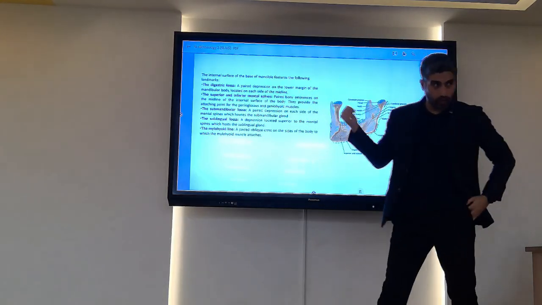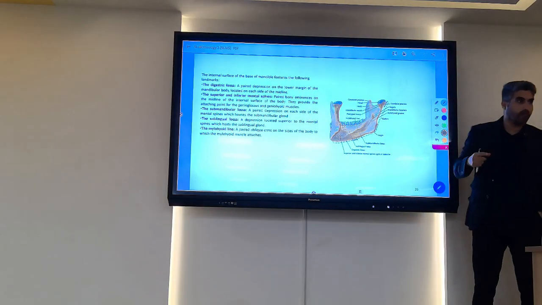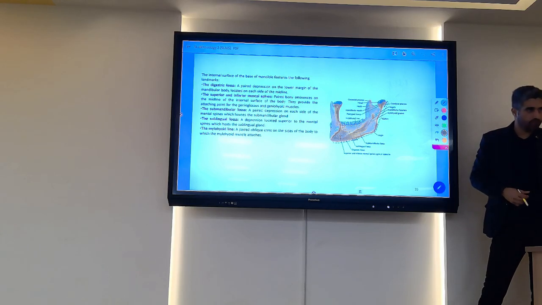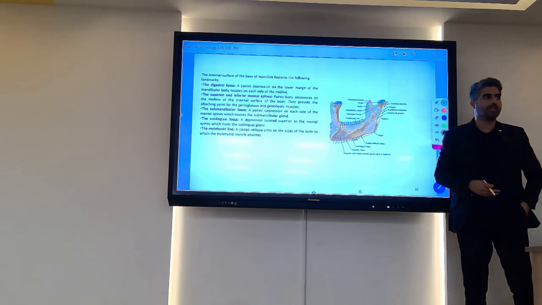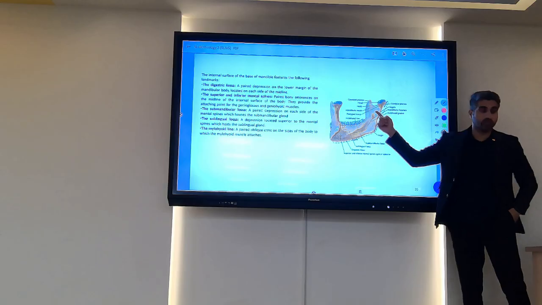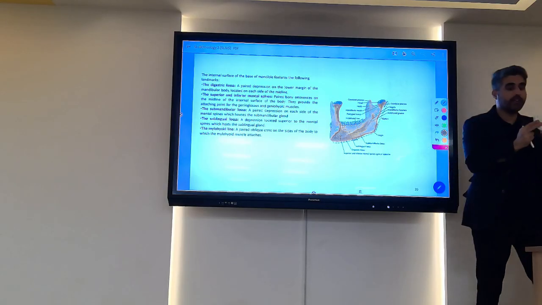Now I will explain the beginning of the mandibular foramen, through which the mandibular artery, nerve and vein pass, and which finally exits from the mental foramen. These are located on the medial side of the ramus. We talked about the external side of the ramus.